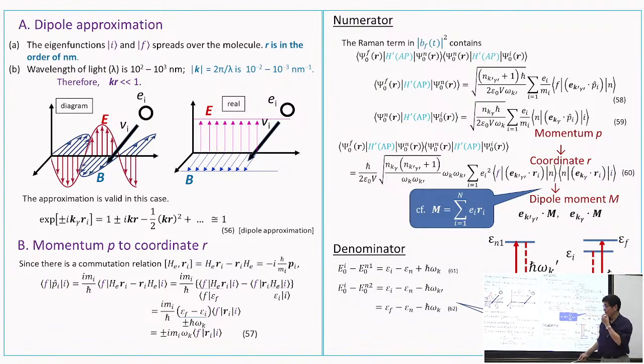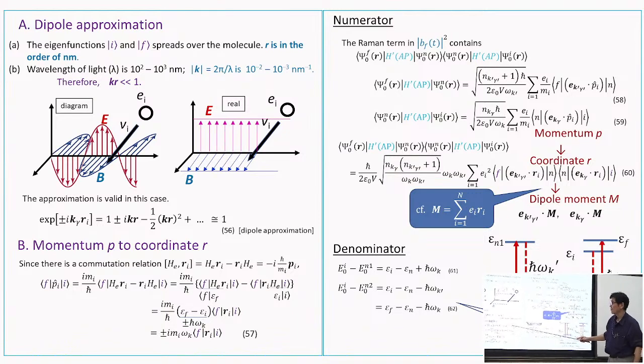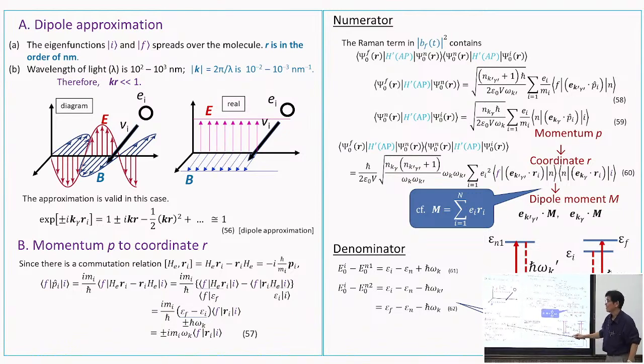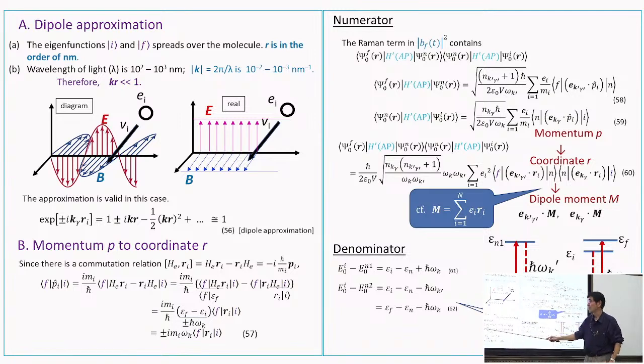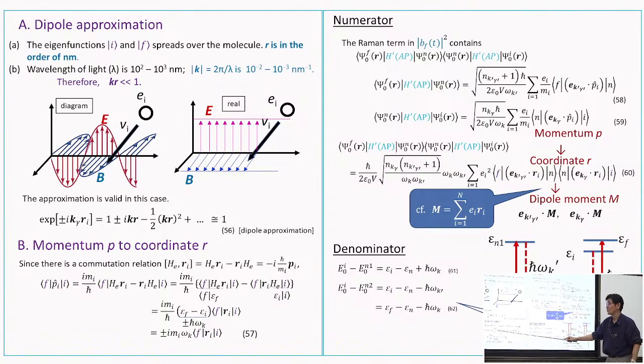Then let's substitute p_i in this integral f p_i i. p_i can be substituted with this term multiplied by some coefficient.